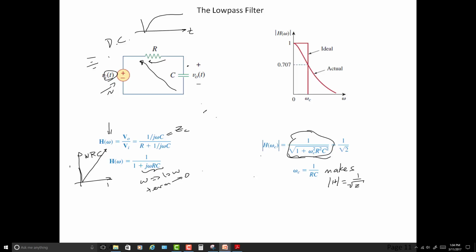This is not what we got so far. So somehow, in order to get something that's really a desirable low pass, we're going to have to work on that a bit. This simple RC circuit, the passive circuit, is only going to approximate low pass. It's not going to do the greatest job. All right. Hopefully we'll get better at that.